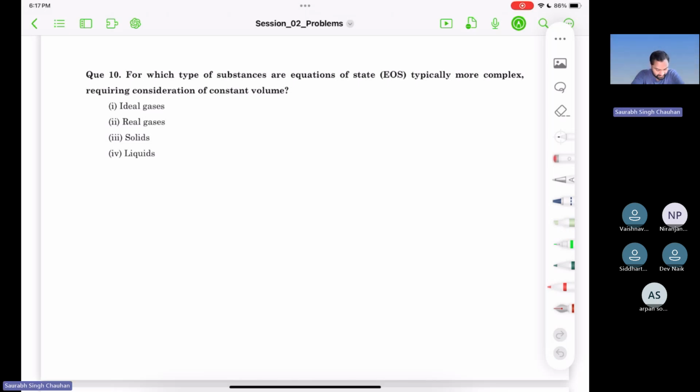Ideal gas equation. Real gases, again, there is a little modification in the gas equation, but the real gas equation is also not very complex. There are a few additional terms, for example, the van der Waals gas equation, but it is not very complex.